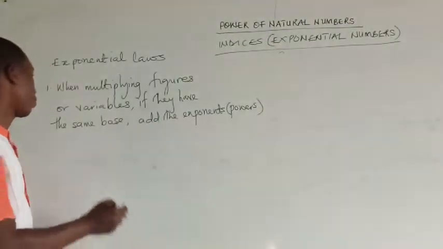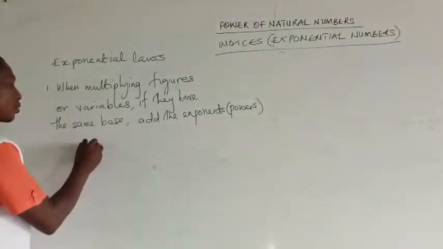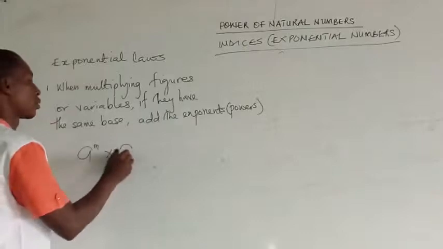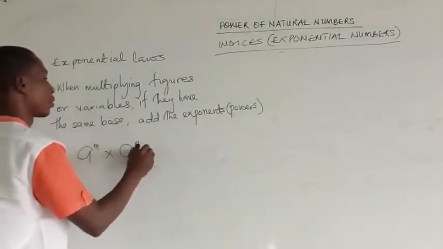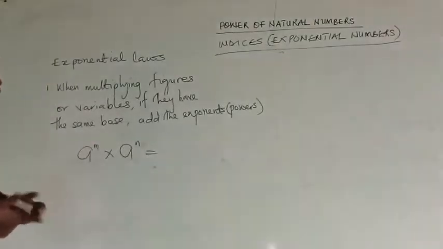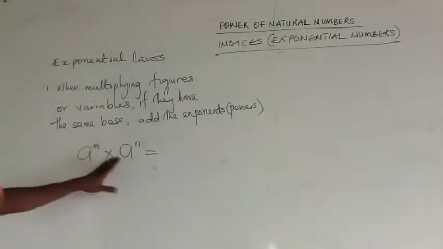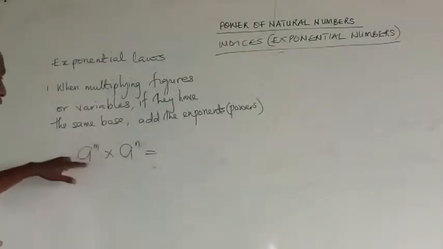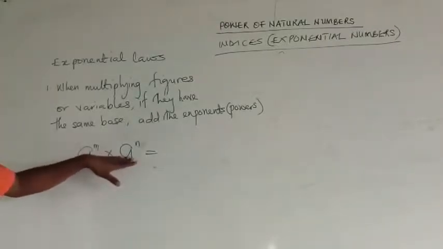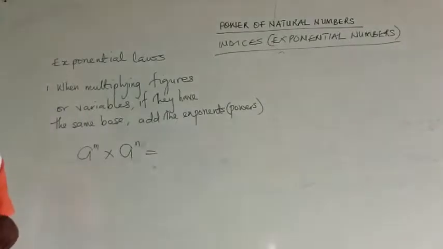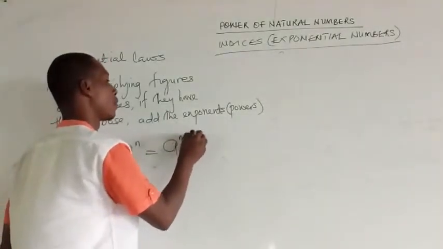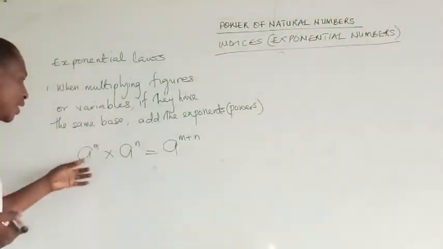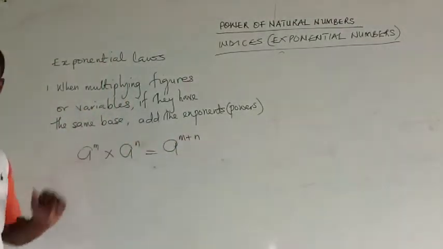So let's see, I've got a to the power m times a to the power n. Because the base is a here, and the base for this one is a, then at this instance I can say, because of the base being the same, we will add the exponents.